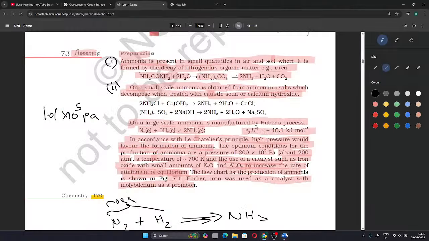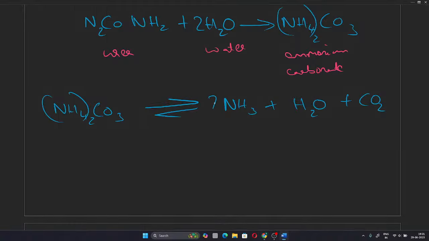The balanced reaction is 2NH3, where NH3 ammonia is finally produced.